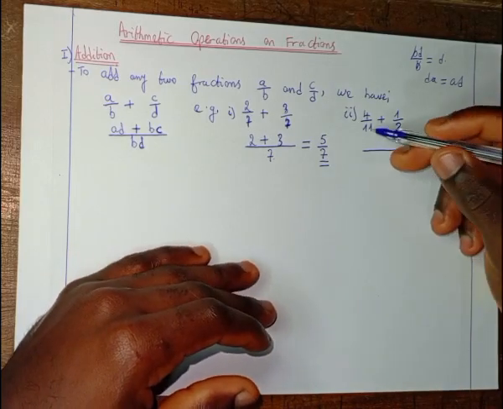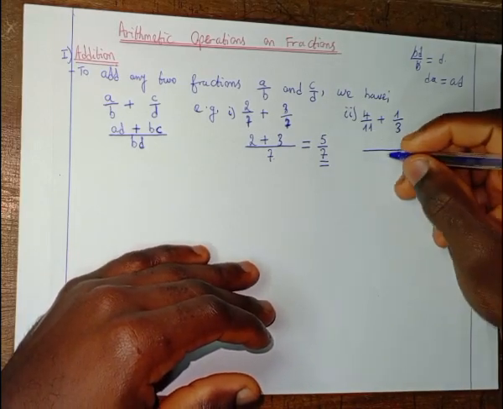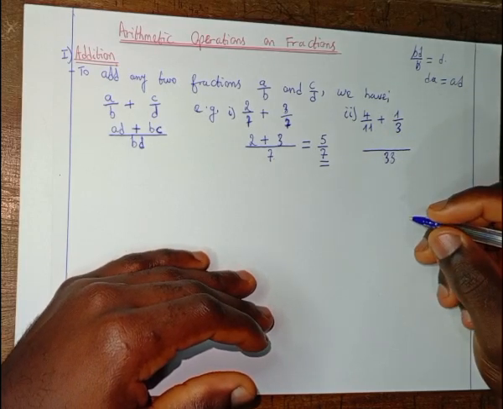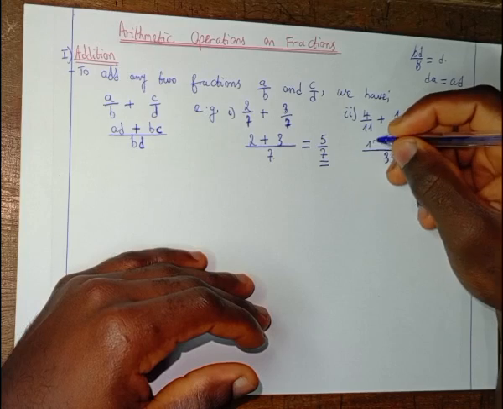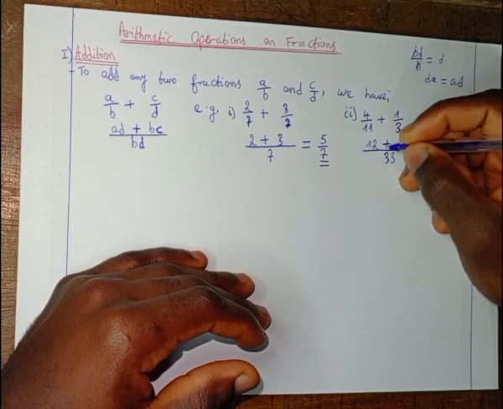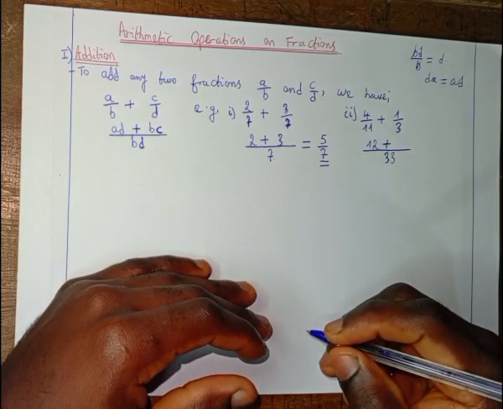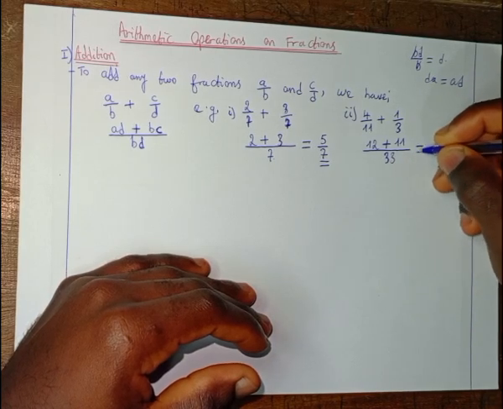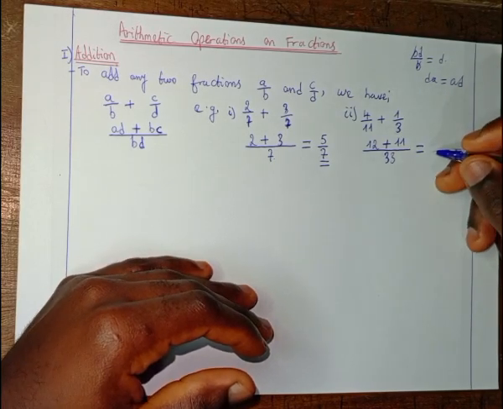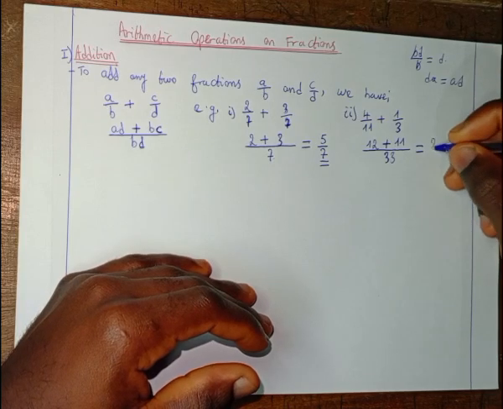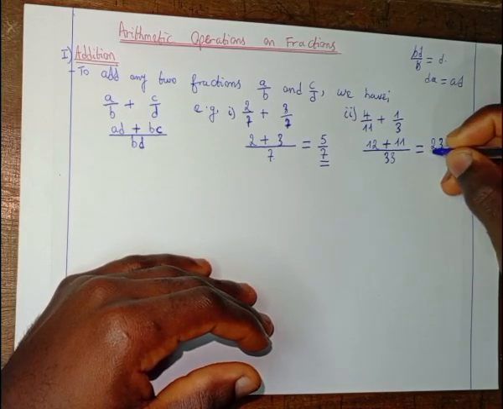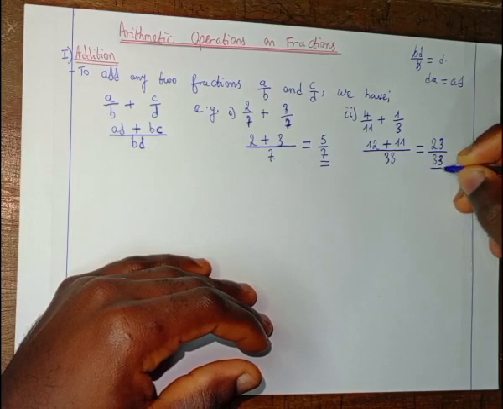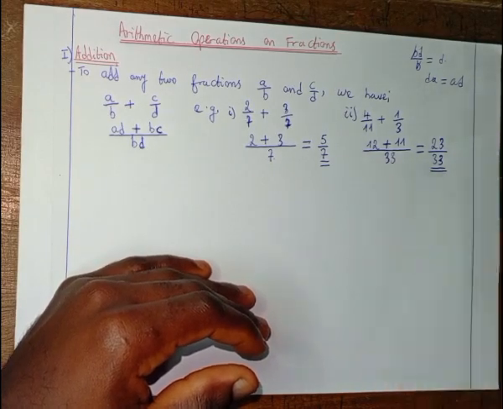The LCM will simply be 11 times 3, which is 33. 33 divided by 11 gives us 3. 3 times 4, 12, plus 33 divided by 3 gives us 11. 11 times 1, 11. This will simply be equal to 12 plus 11 gives us 23 all over 33. This will be our final answer.